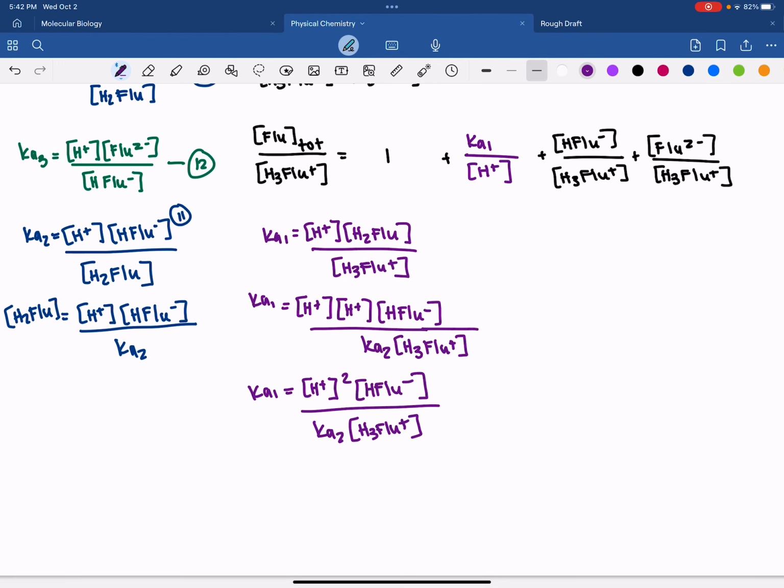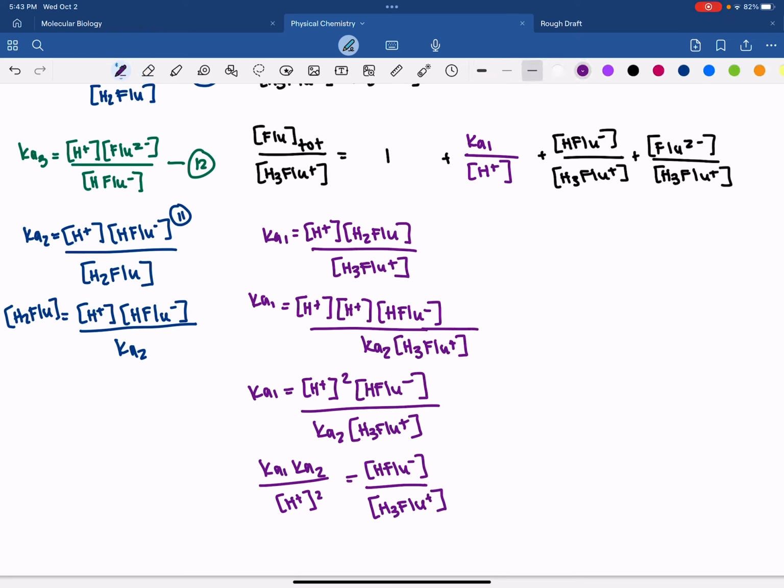And that's going to look like Ka1 times Ka2 over H plus square is equal to our concentration of flu negative over our concentration of flu positive. And remember, it matches up here. That's what we wanted this whole time.